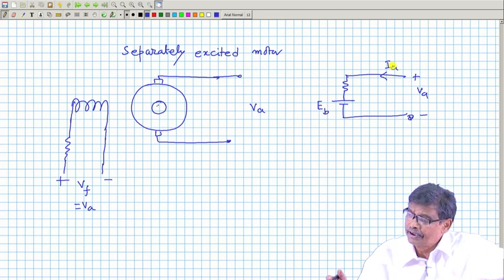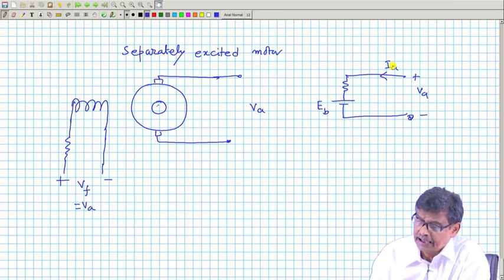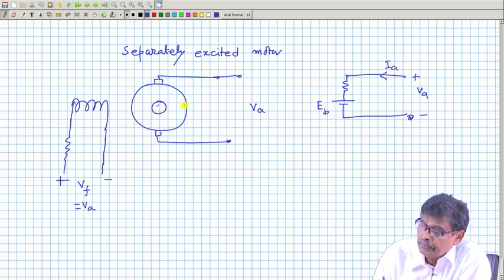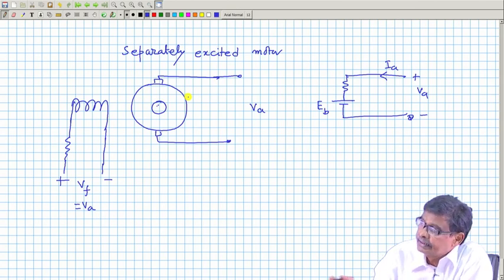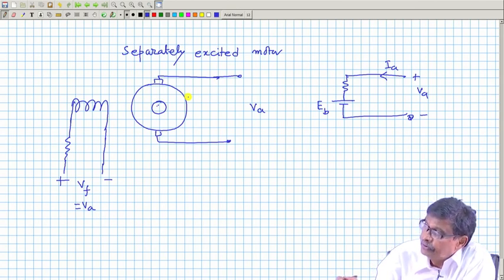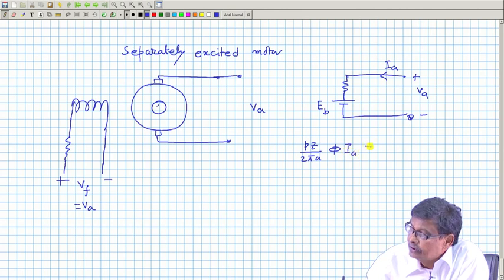Now, the question is finally where it will decay down and settle. The answer to this is very simple. The machine will finally settle down to such a speed such that enough current will be drawn from the armature supply, which will make Pz by 2 pi a into phi into Ia equal to load torque.